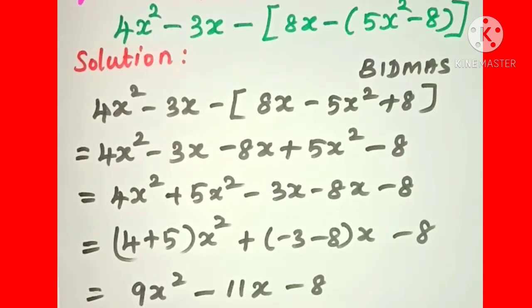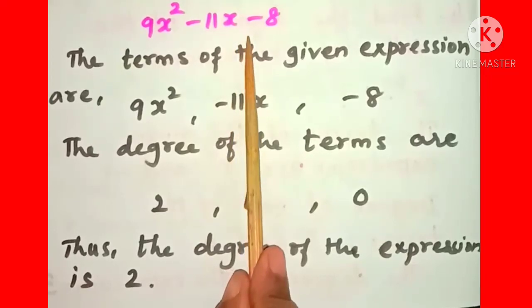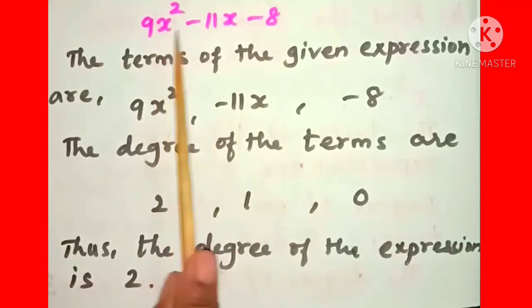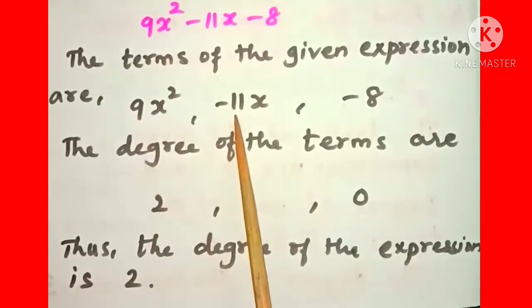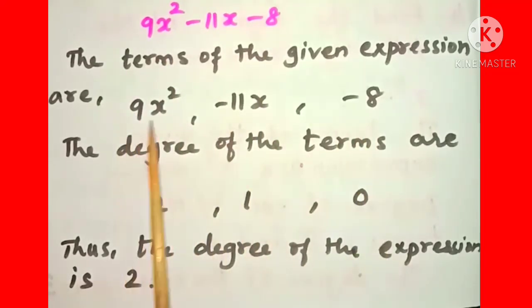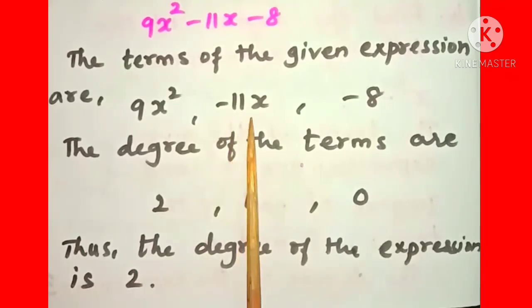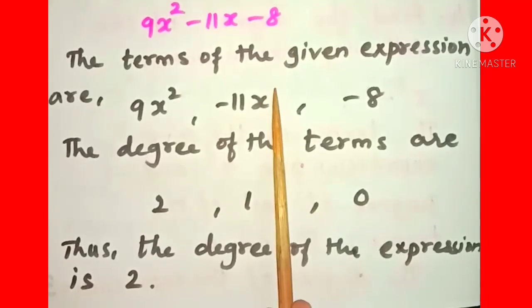So now you can find the degree of this expression. Students, to find the degree of the expression, first let us find the degree of each term and then the highest degree will be the degree of the expression. So the terms, here 3 terms are there. The terms of the given expression are 9x square, minus 11x and minus 8, and the degrees of the terms are: the degree of 9x square is 2 and here the degree of minus 11x is 1 because there is no digit in the power, so it is considered as 1.